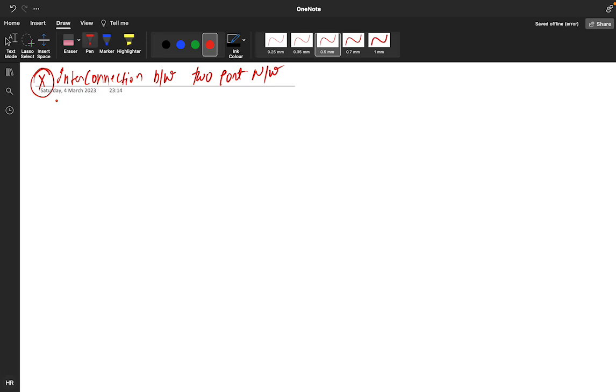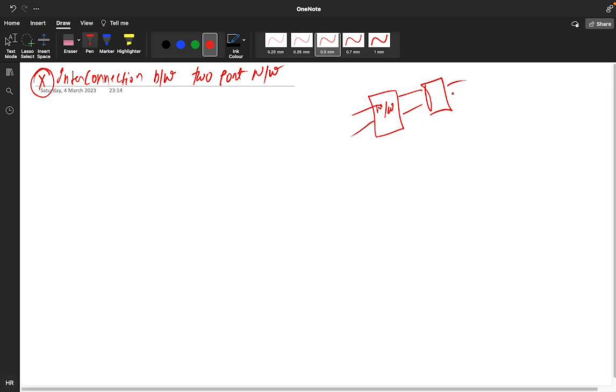In this we have to see series interconnection. Suppose you have two port networks connected serially, or connected in parallel. Then what will be the net equivalent Z parameter, T parameter, or Y parameter? We have to see these things. After completing the cascade interconnections, we'll see some numericals.